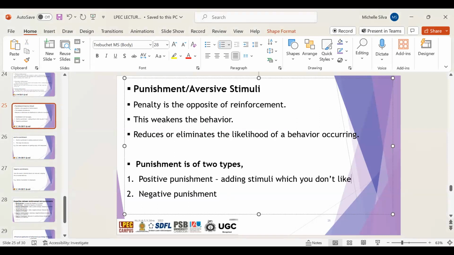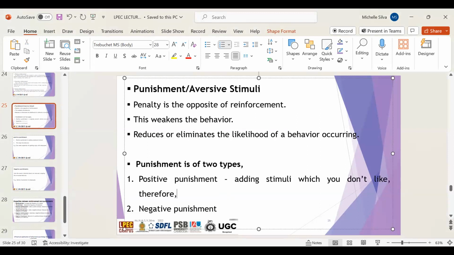Therefore, as a result of this negative stimuli, as a result of this disliked stimuli, your behavior is discouraged.